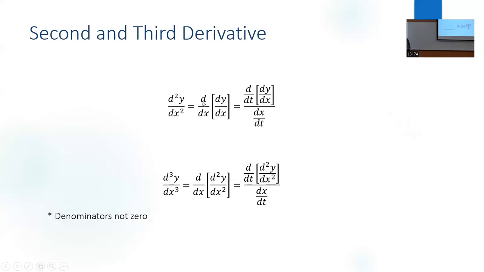And when you take a derivative of anything, what you do is you take the derivative with respect to t of whatever I'm dealing with, divided by dx dt. Derivative with respect to t of the first derivative, divided by dx dt. That looks messier than what it really is.